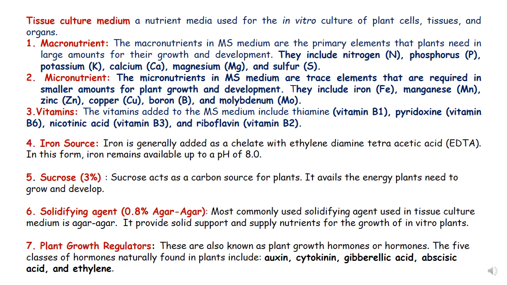If we do not want to make a semi-solid medium and we just want a liquid medium, we do not add agar-agar. Then, along with this, in a plant tissue culture medium, growth regulators are added, which are actually hormones, and these hormones are generally added for the development of roots and shoots, and these are cytokinins and auxins, gibberellins, etc.